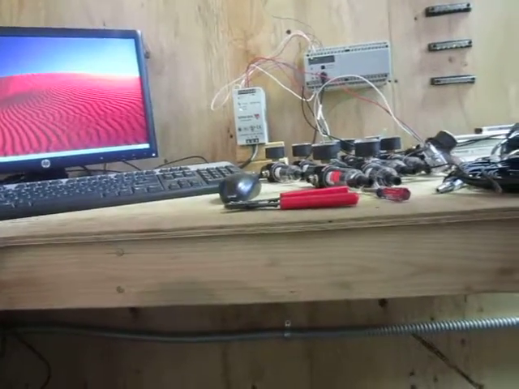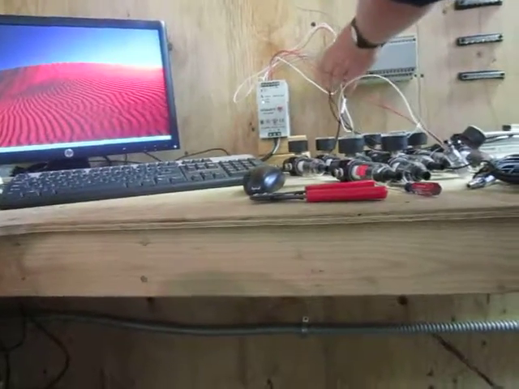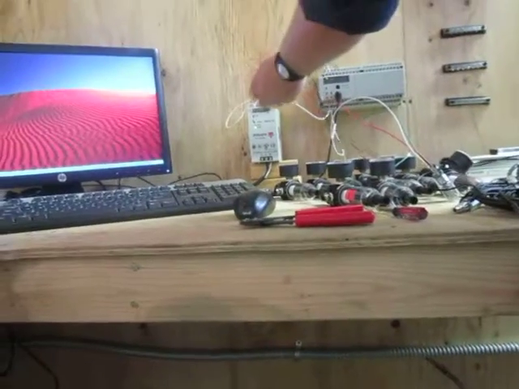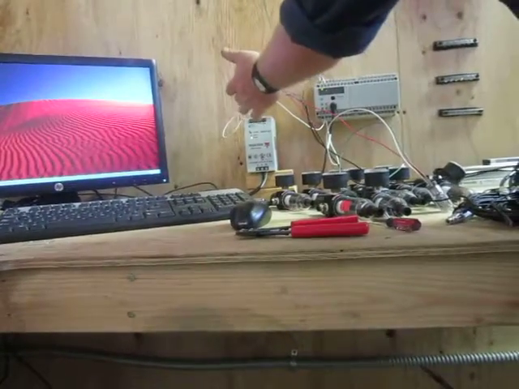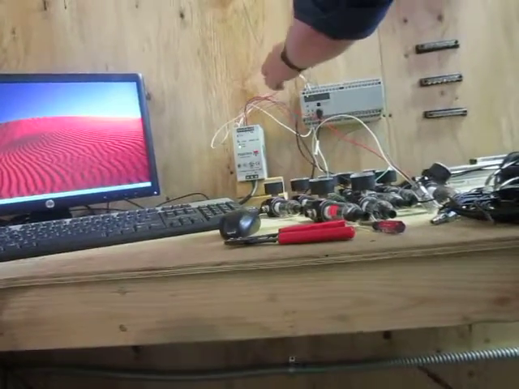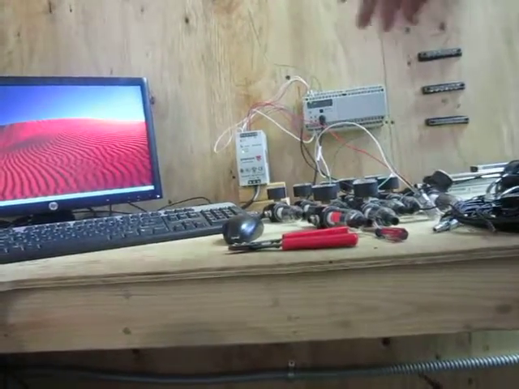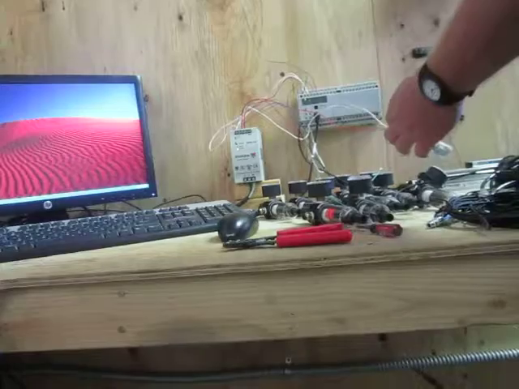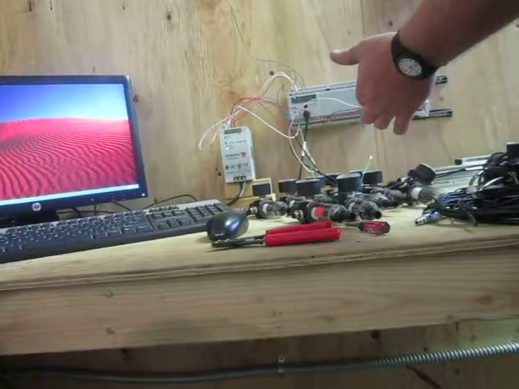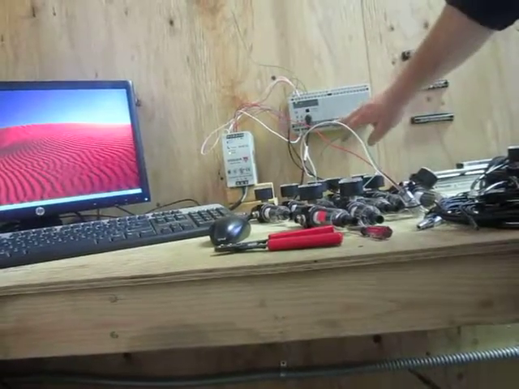Now, the input devices are similar, only you have 2 leads, one to the positive, one to the negative, and then one lead that goes to your input terminal. So that's how they're wired in. Output terminals: positive to the power supply, negative to the output terminal.